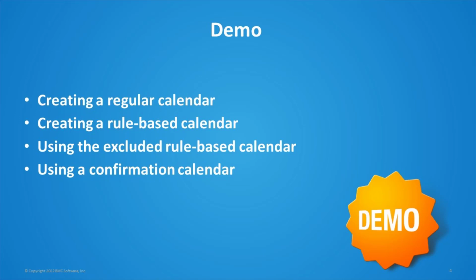The demonstrations we will be going over are creating a regular calendar, creating a rule-based calendar from a smart folder, and also creating a rule-based calendar from Control M. Also using parent scheduling from the smart folder, using an exclude rule-based calendar, and using a confirmation calendar.